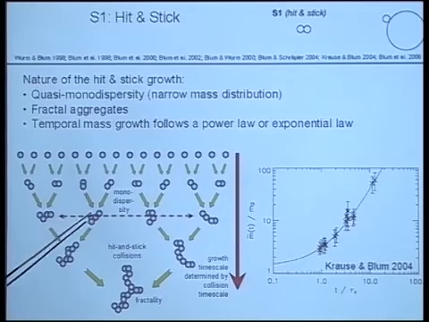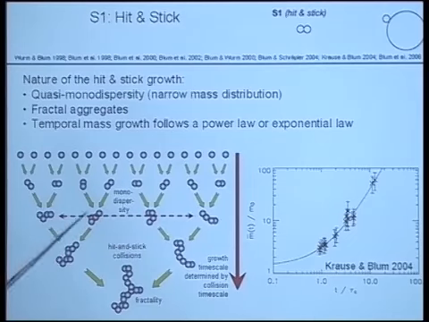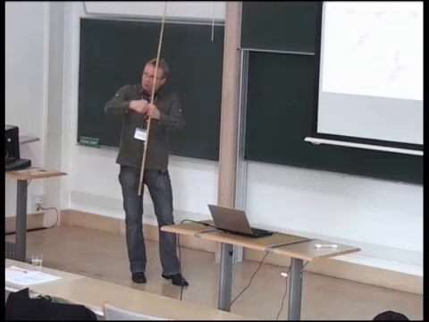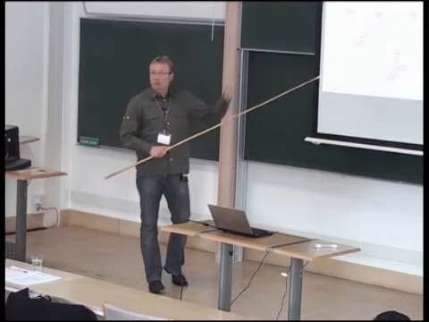Within one collision timescale, they form these dimers. Within another collision timescale, they form these quadrumers. And at any time, the distribution stays quasi-monodispersed. You can show that experimentally. And if it's a hit and stick process with no restructuring, then you form these open structures, and these are fractals.